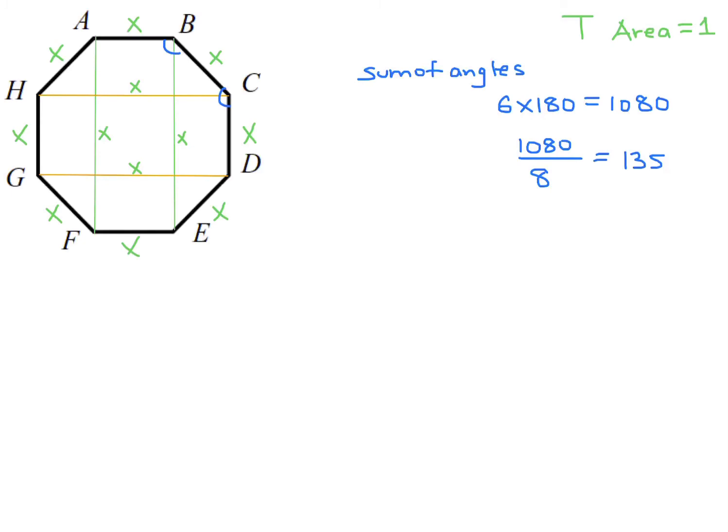Okay? Now notice this is a right angle right there, the way I drew it. So if this whole thing is 135, then this must be 135 minus 90, which is 45. And in a very similar way, if this whole thing is 135 and this is a right angle, then this must be 45. All right?